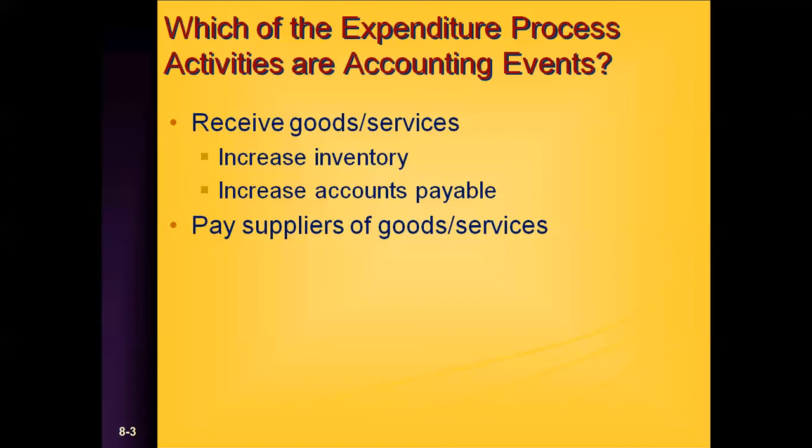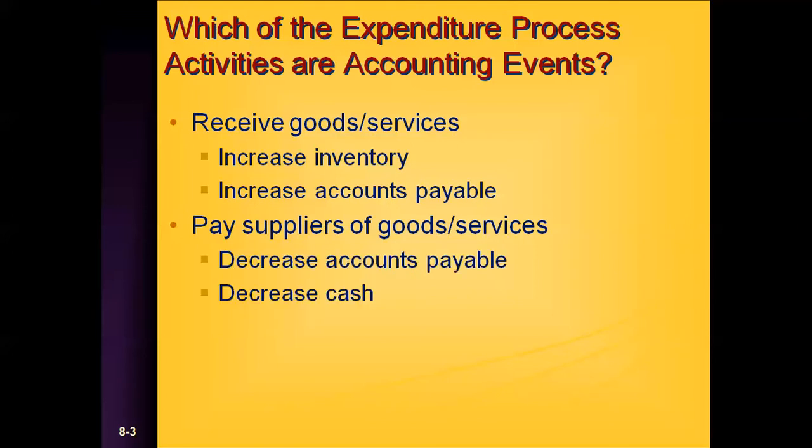Then you have a decrease in accounts payable and a decrease in cash. So again, on the accounting equation side, there's an impact on the asset side of the equation, and there's an impact on the liability side of the equation.